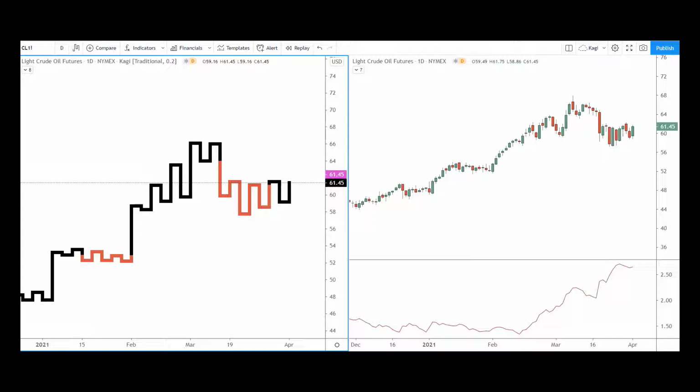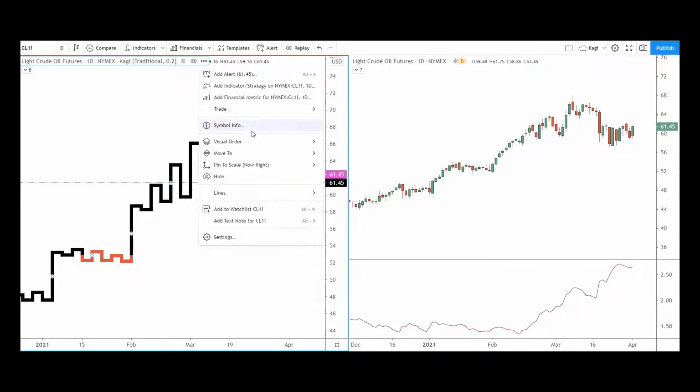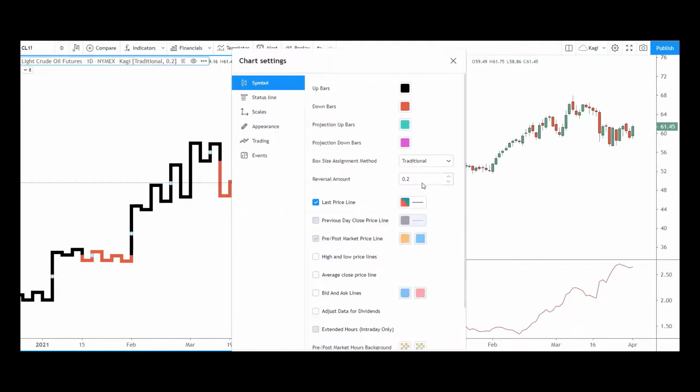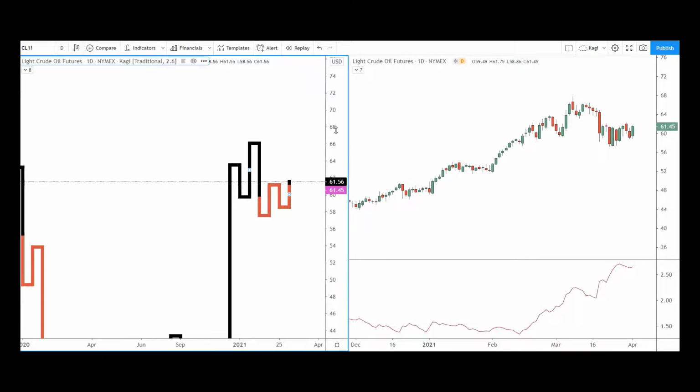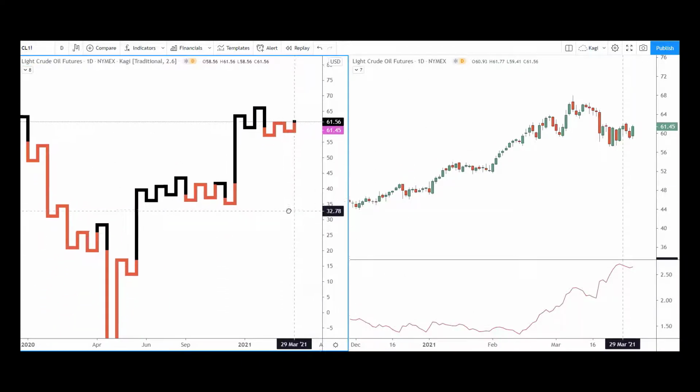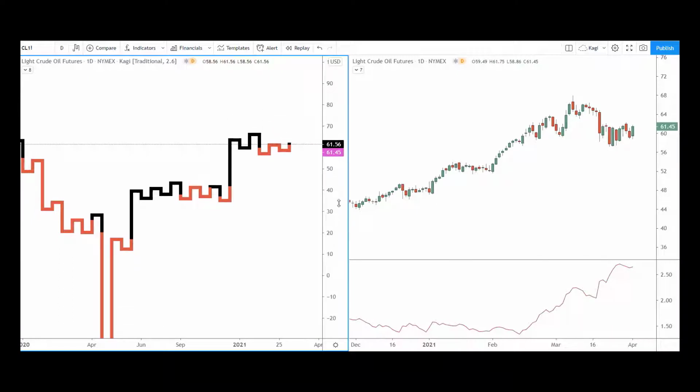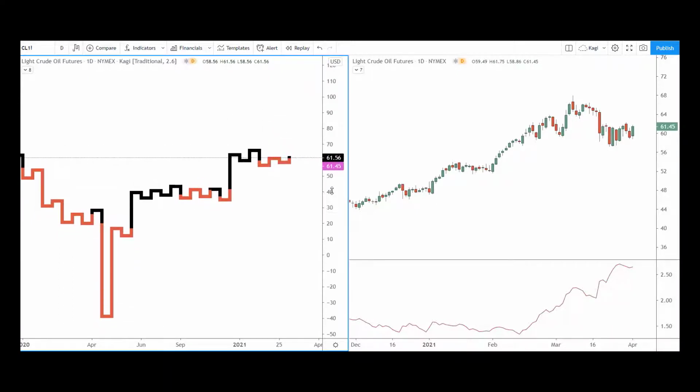So in simplistic terms, we would take that 2.6, go to the settings, change that 0.2 to 2.6, and that would be our new setup for a daily chart. So 2.6 is $2.6, and again, that's if you want it, this is your strategy, your style.